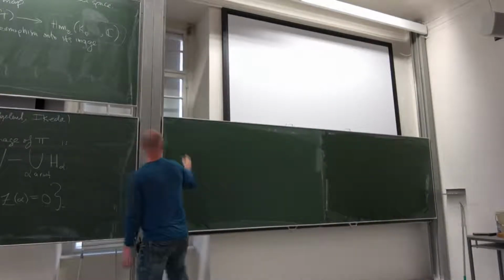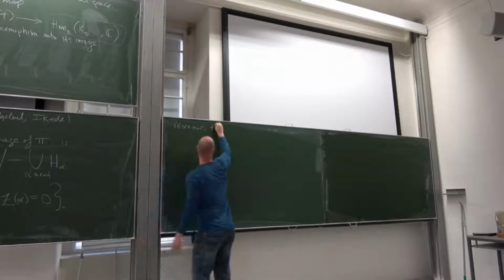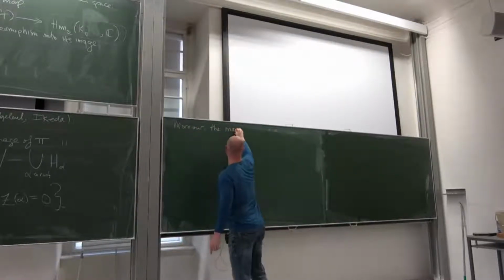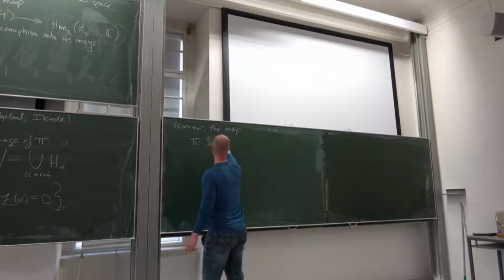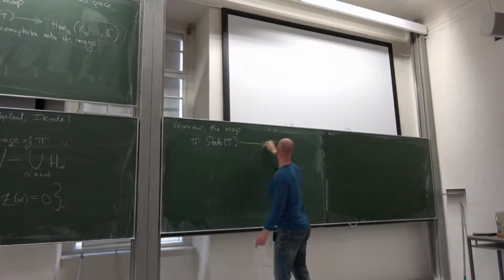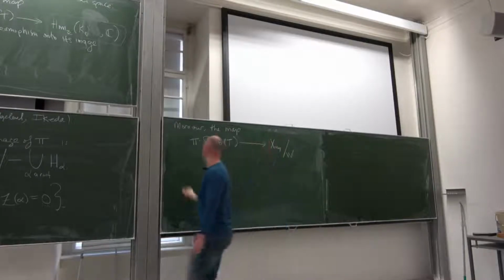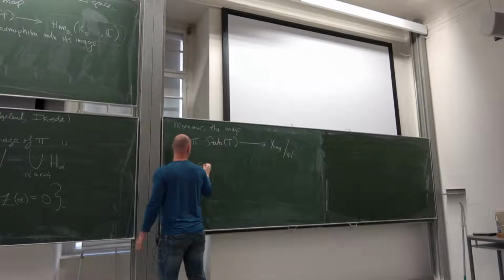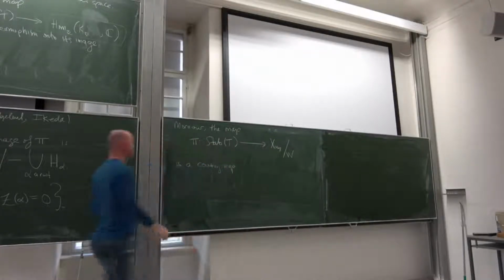So moreover, this is maybe continuing this theorem. The map pi from stab T to X reg on W is a covering map.